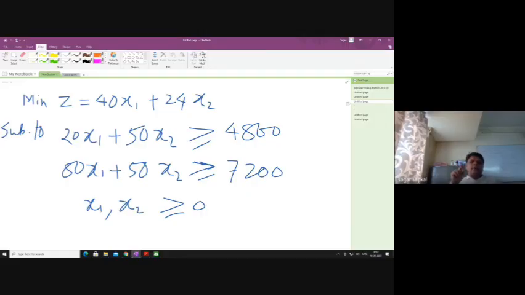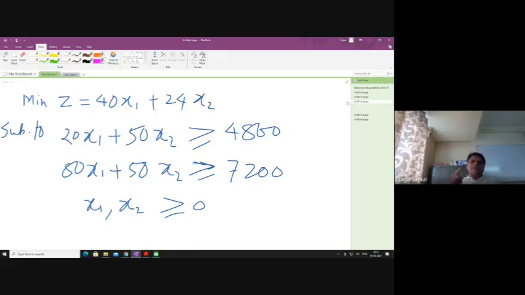Then focus on the original problem constraint and see whether less than or equal to sign is there or greater than or equal to sign is there. Based on that, you have to select the feasible region. After selecting the feasible region, you have to consider the extreme points on those feasible region.